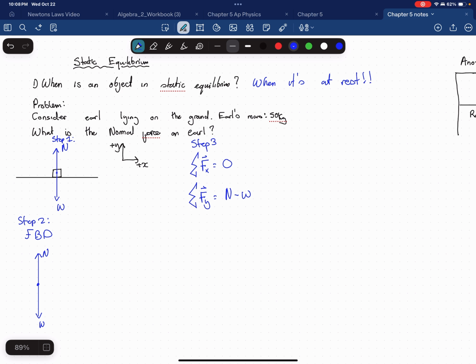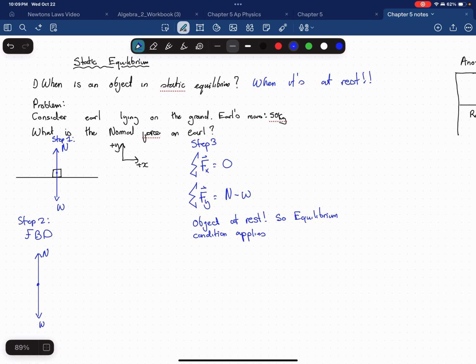But remember, my object is at rest, so it's in equilibrium. Object at rest, so the equilibrium condition applies.